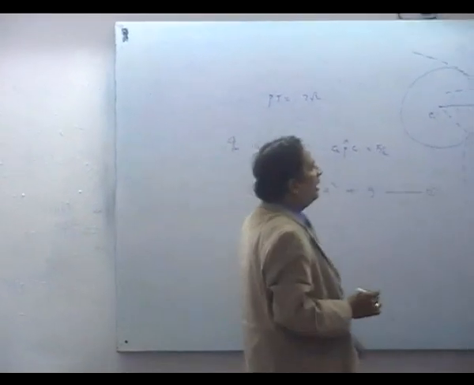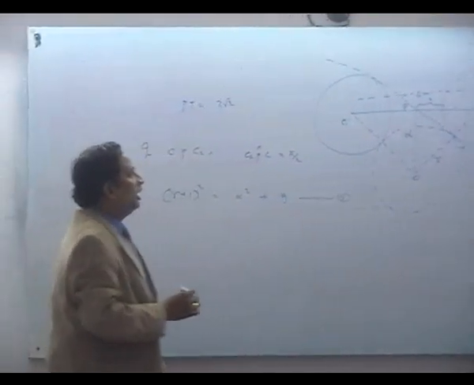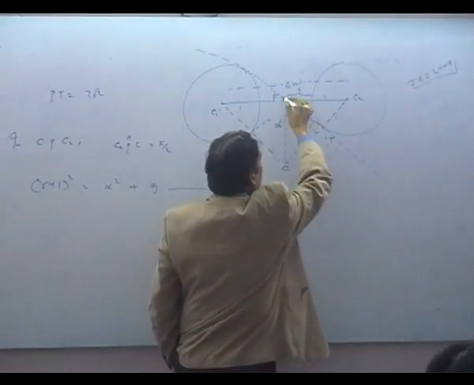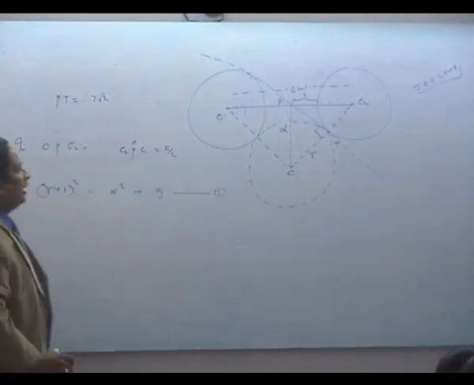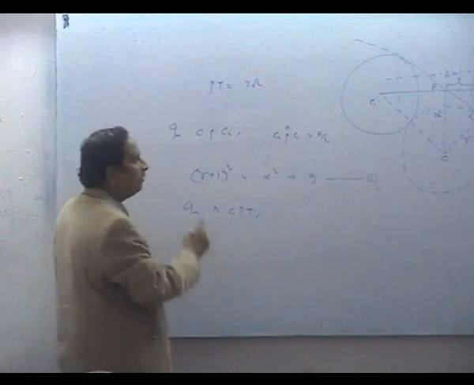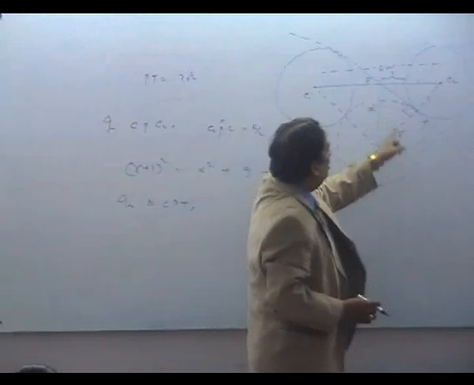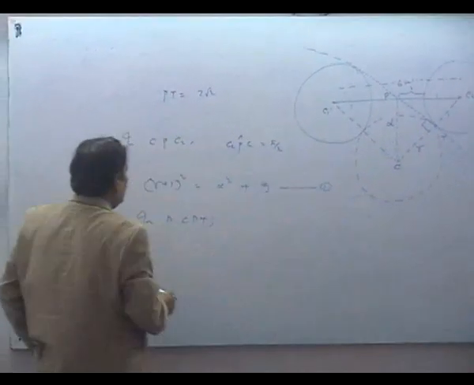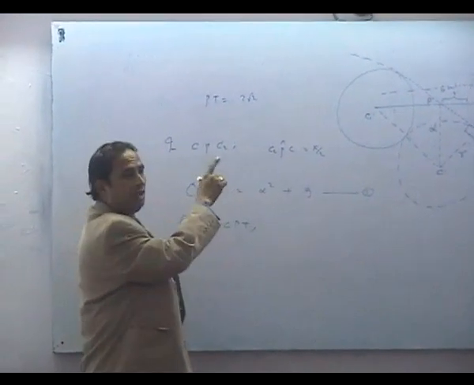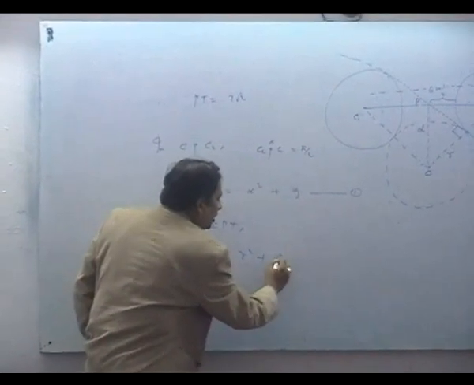And one more equation you can find here in terms of R and alpha. As you know this is a tangent, this is also a right angle. So consider triangle CPT, and you can find the relation between alpha and R. Alpha square is the hypotenuse here, so alpha square is equal to R square plus 8.